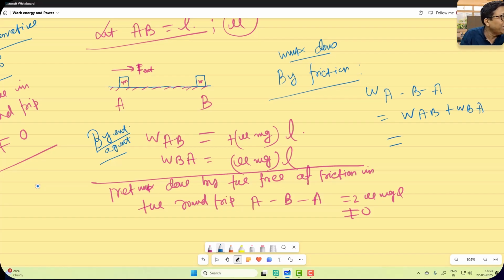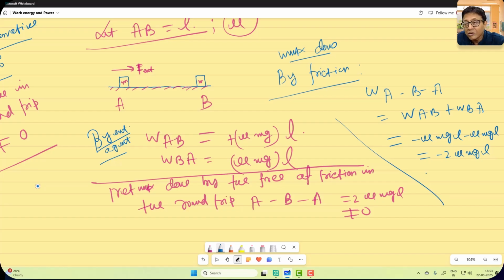We are going to state the force of friction is non-conservative. W_A to B is what? Minus mu mgL, minus mu mgL, minus 2 mu mgL. Agree or not? So this is also not equal to 0. Work done by force of friction is also not equal to 0 here. Clear?